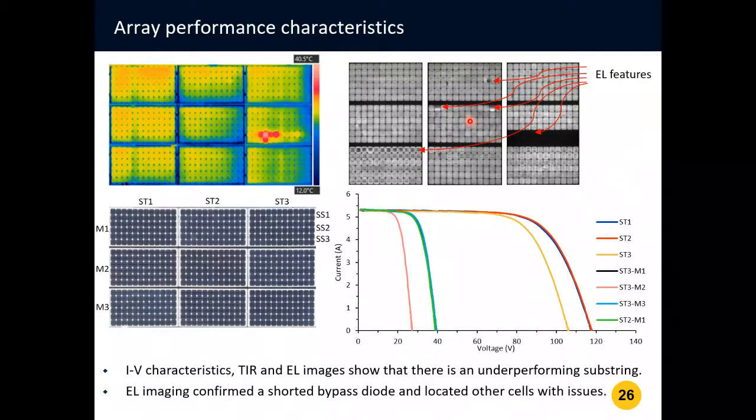There should be a significant current mismatch for cell anomalies to cause thermal signatures on operational PV modules.